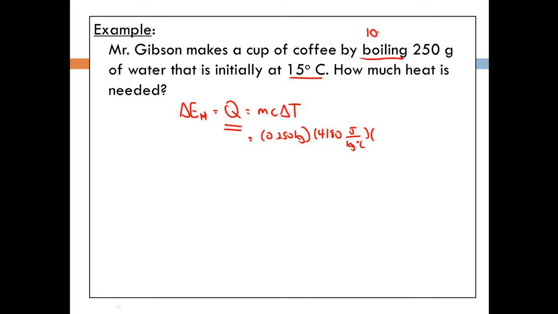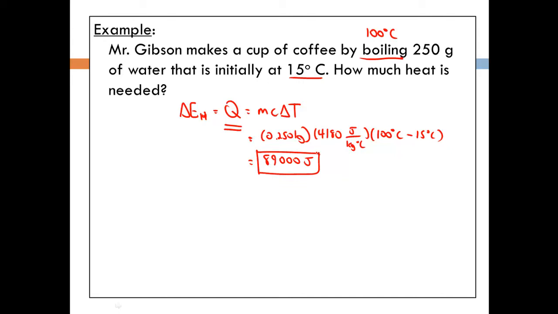And we know again, on the Celsius scale, that taking up to boiling means 100 degrees Celsius. So our final temperature minus our initial temperature. And if you do all the math right, my friends, you should end up with something around 89,000 joules.